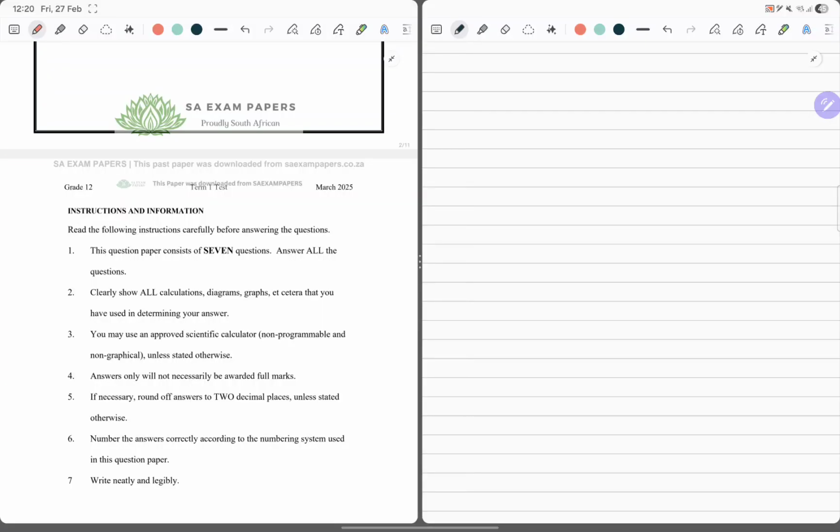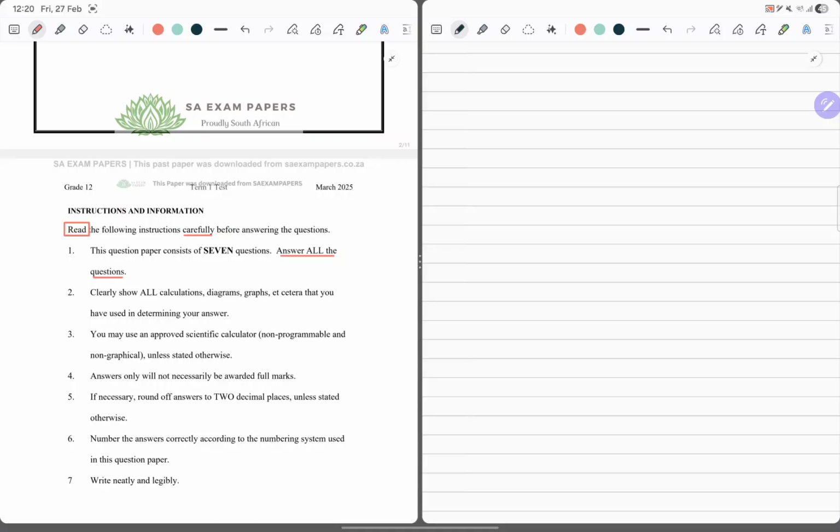Right, instructions, folks, they are very important. It is the grand instruction, if you will. This tells us to read the following instructions carefully before answering the questions. And of course, the first one tells us how many questions we've got. But you see, we have to answer all the questions. Now, a student may sit back and be like, what is the use of this instruction?